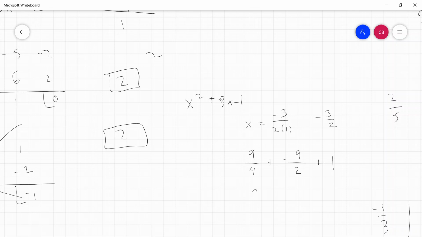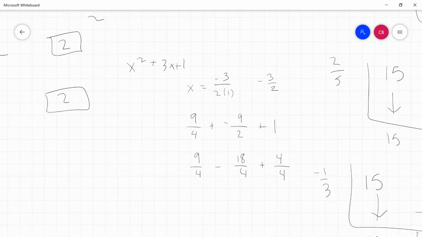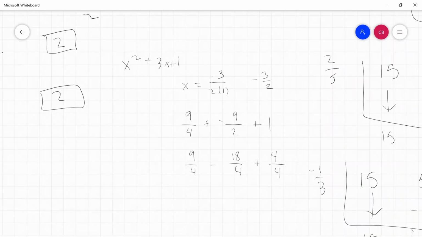So this is going to be 9/4 minus 18 over 4 plus 4 over 4. Yeah, that looks right. And so this is going to be negative 9 over 4 plus 4 over 4, which is going to give us negative 5 over 4.